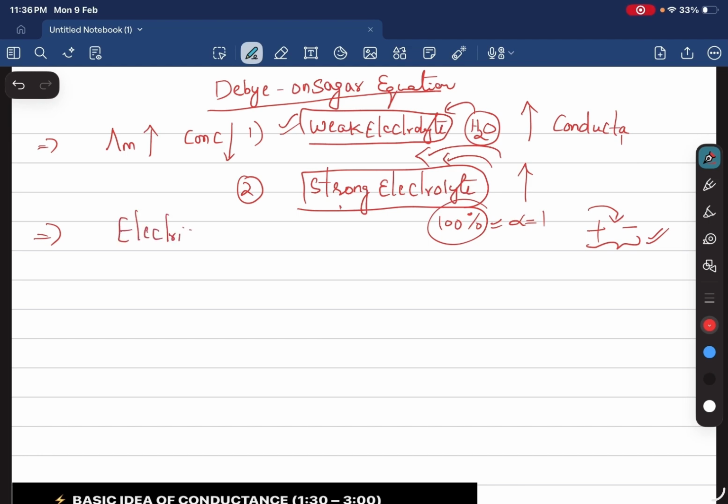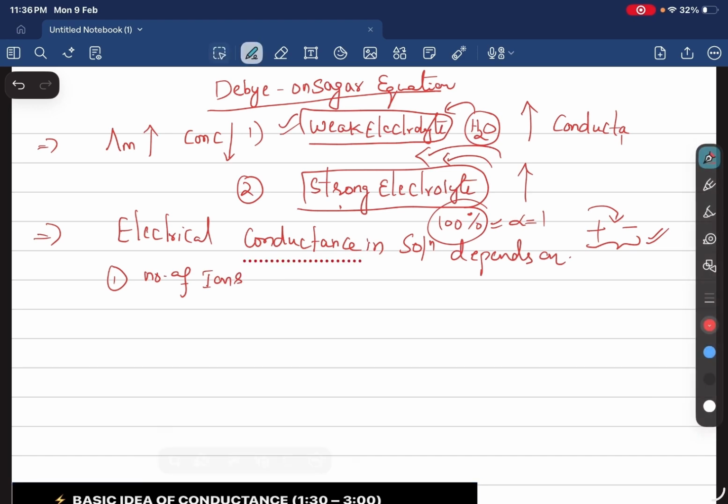Electrical conductance in solution depends on the number of ions and the speed of the ions.